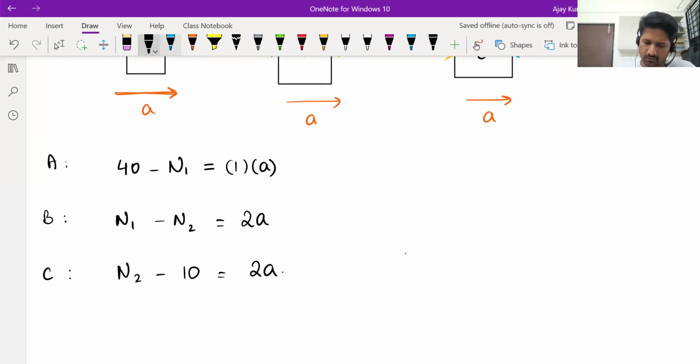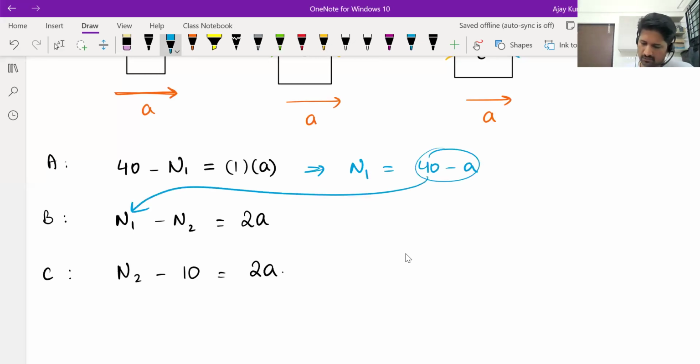So what I'm asking you to do is take N1 from the first equation. 40 minus N1 is A, so N1 becomes 40 minus A. What you'll have to do is put 40 minus A here. Then the equation becomes 40 minus A minus N2 is equal to 2A, which means 40 minus N2 is equal to 3A.